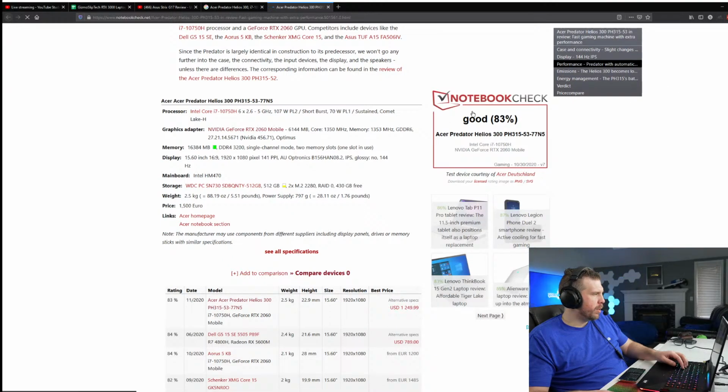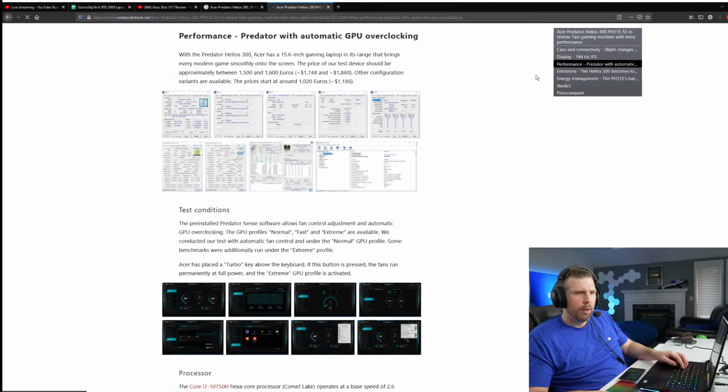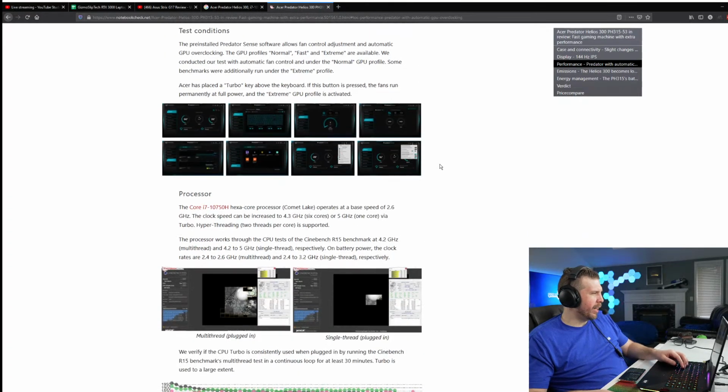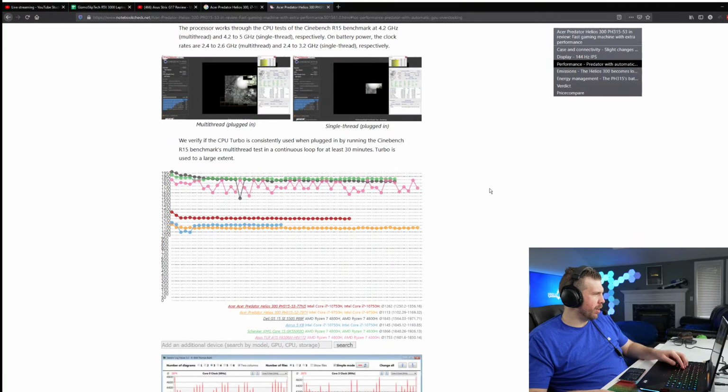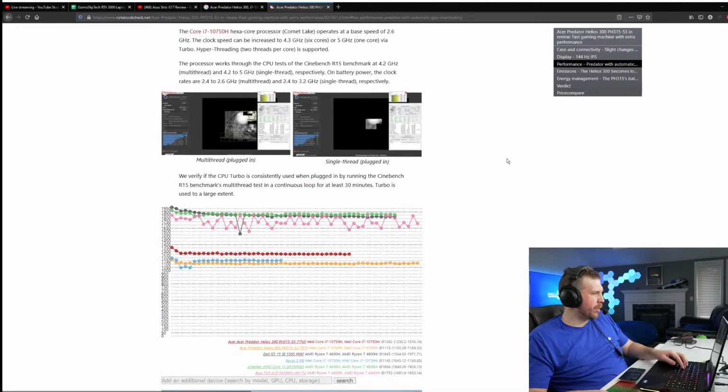Let's just jump out of the performance section. Is the 2021 ROG G14 a dog? No. I can definitively say it's not a dog. It's a laptop. i7-10750H hex core. Cool, so that's correct.